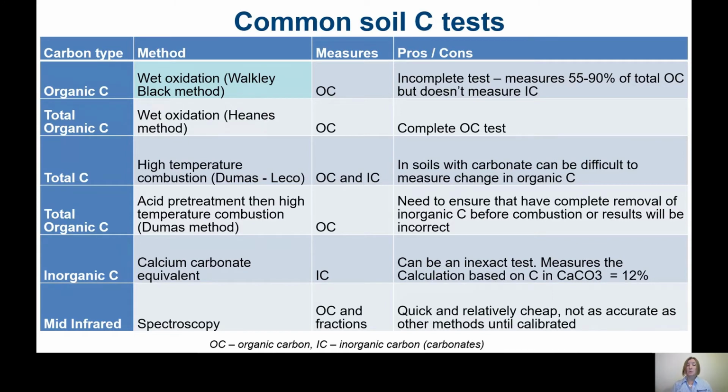So some labs will offer up this next option, the total organic carbon, and it's called the Heanes method. So they apply a heat to it and they get what would be a complete total organic carbon test. The national standard that is going to be adopted or has largely been adopted now is to have a total carbon test.